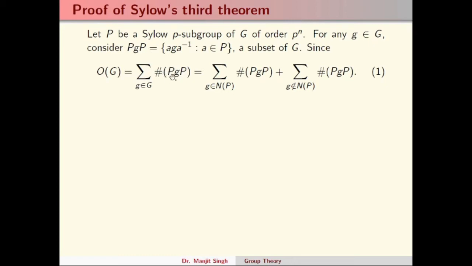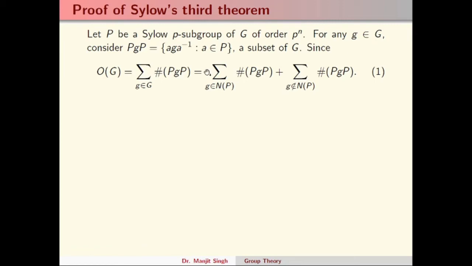Now the summation varies over elements of G, so this element can be taken in two ways: g belongs to N(P) or g does not belong to N(P). So this summation can be further written in this form.